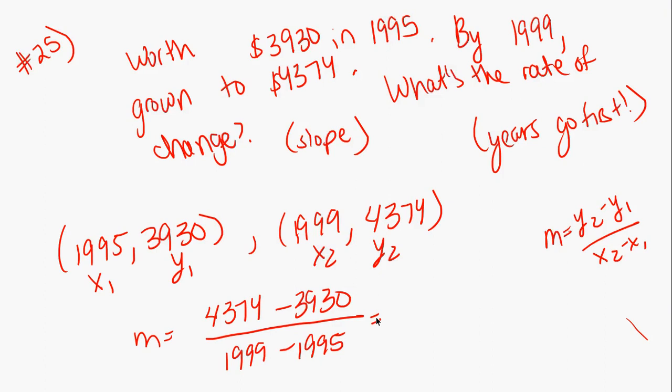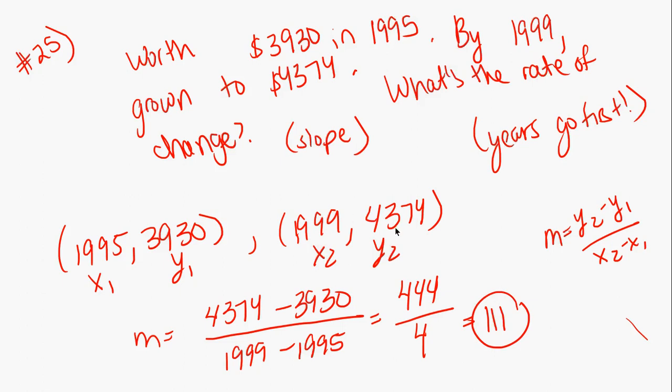Calculate that subtraction. That gives us 4.44 over 1999 minus 1995, which is 4. So 4.44 divided by 4 is 1.11.